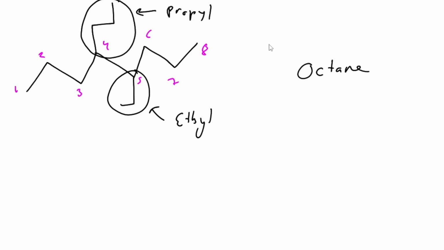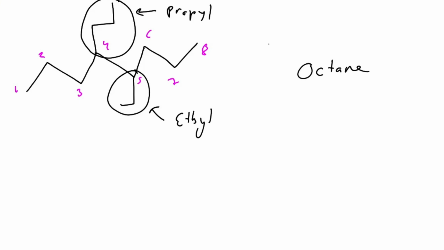Now, what's really important here is that if we look at it from left to right, we have to look at our substituents in alphabetical order, because ethyl comes before propyl, because E comes before P. So when we're writing it out, ethyl would come first and then propyl.